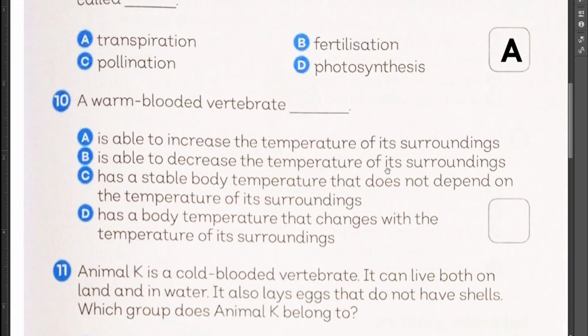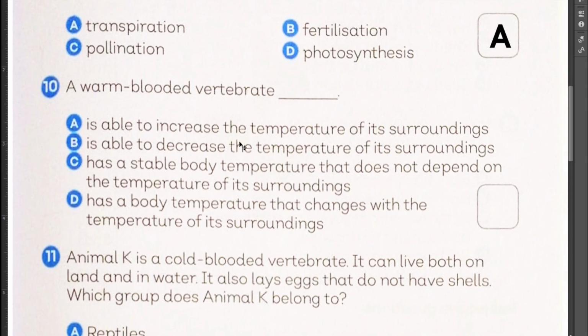Now next, a warm-blooded vertebrate. Vertebrate means animals with backbones. A, is able to increase the temperature of its surroundings. Keyword, surroundings. Letter B, is able to decrease the temperature of its surroundings.